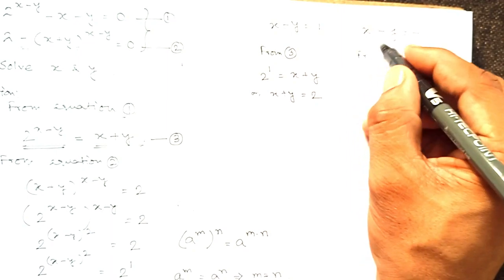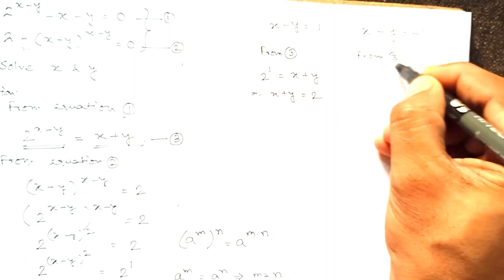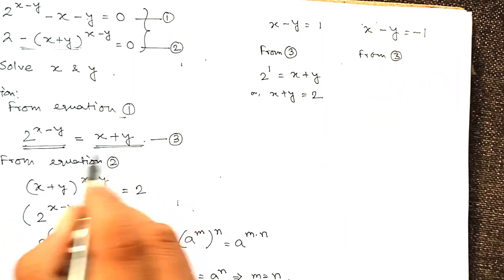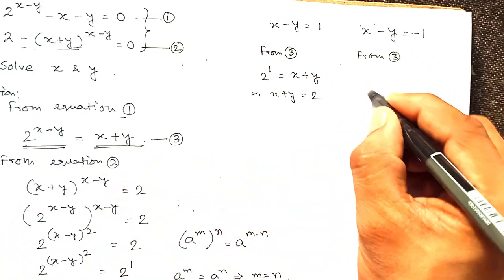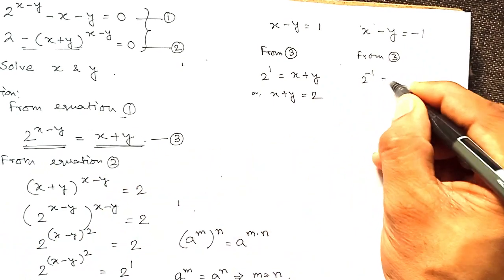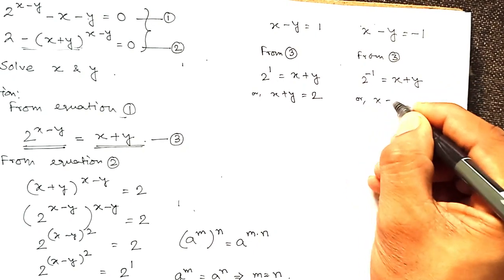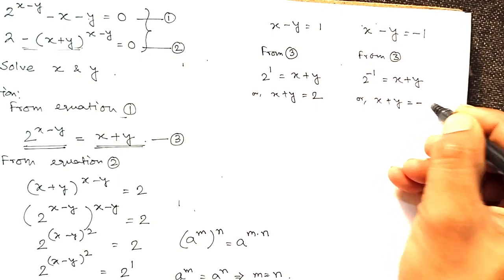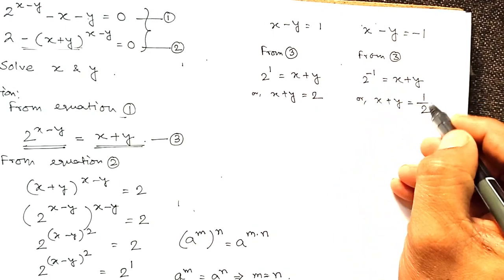Similarly, for x minus y is equal to minus 1, from equation 3 it will become 2 to the power minus 1 is equal to x plus y, or x plus y is equal to 1 by 2. 2 to the power minus 1 is equal to 1 by 2.